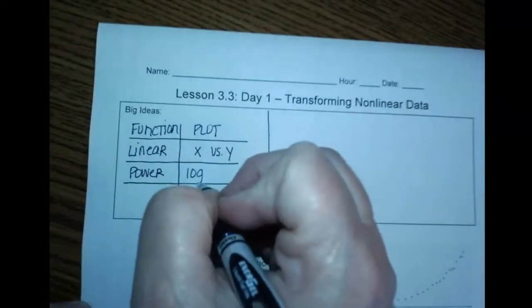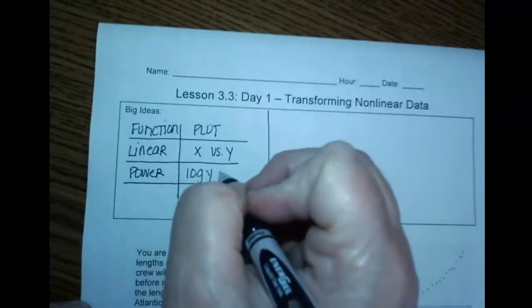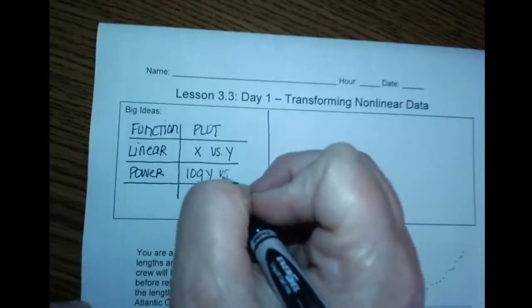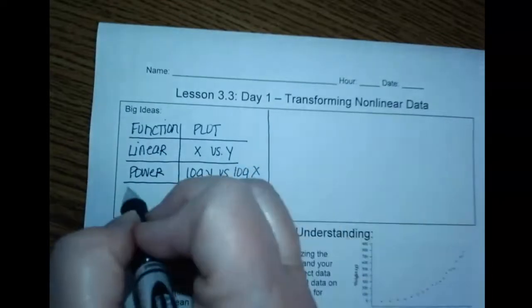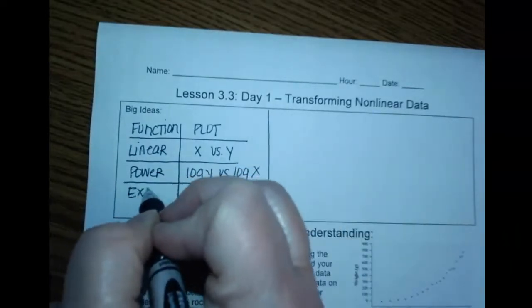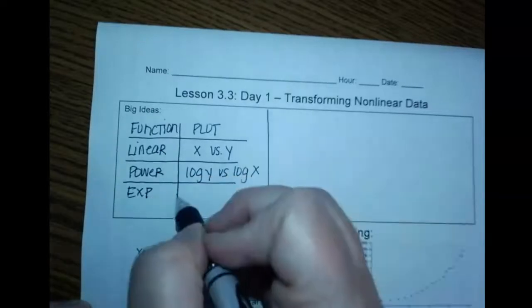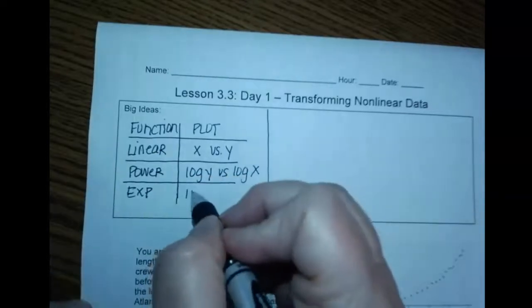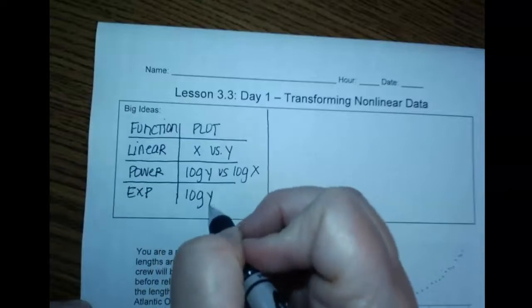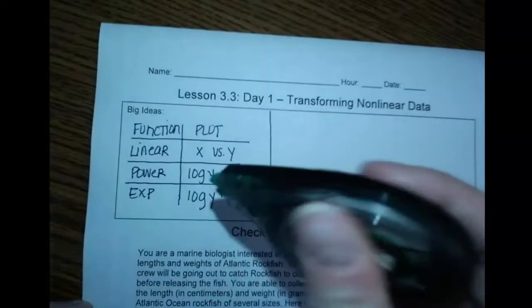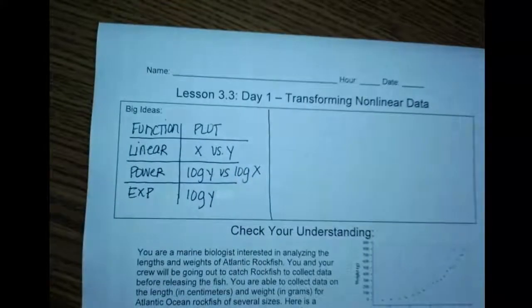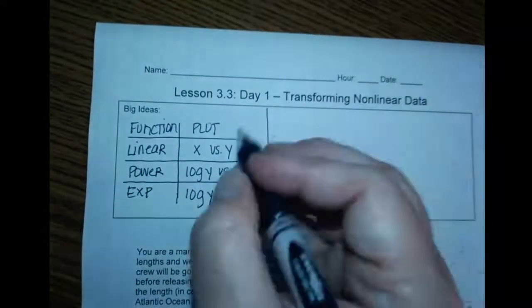So the log Y versus the log of X, okay? Or we also have an exponential function, and that's what we just did, where we took the log of Y versus X. We didn't change our X, we only changed the Y value, okay?